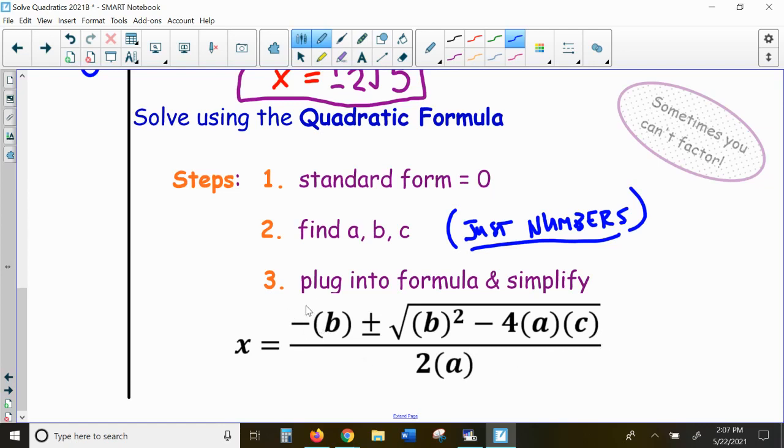It's under this part and this part. So it's a whole big divided by 2A. You might also see this. We know that this could change into a plus negative if you wanted, right? Which when I do it, sometimes I change it to a plus negative. Remember, you're going to get the same answer.